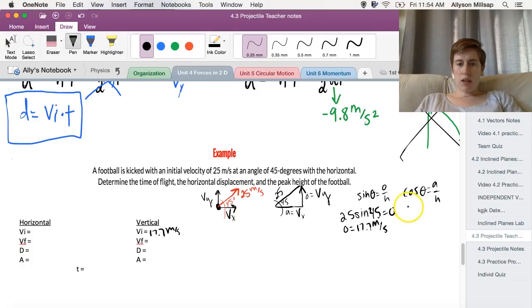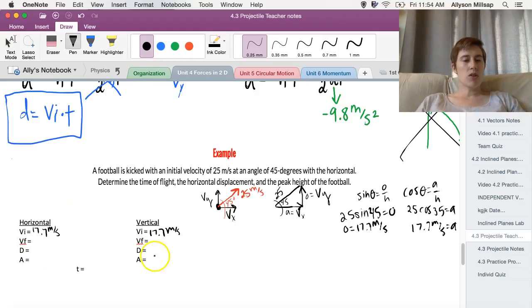Well, I'm going to rearrange. So I put my hypotenuse on this side, so it looks like this, times my angle, equals A. So A actually comes out to be the same number. It's 17.7. So what does that stand for? A stands for my horizontal initial speed. So this is the initial speed of both of my objects.